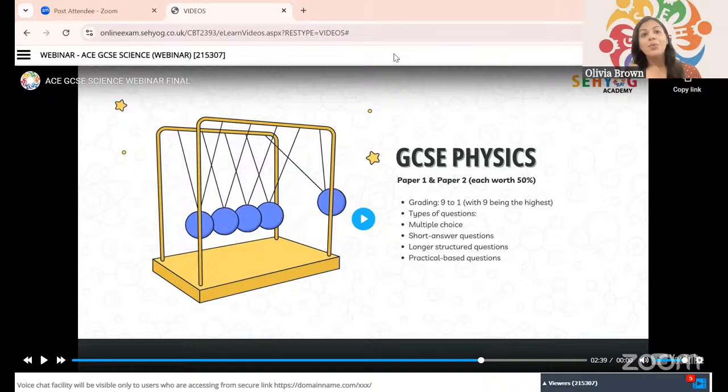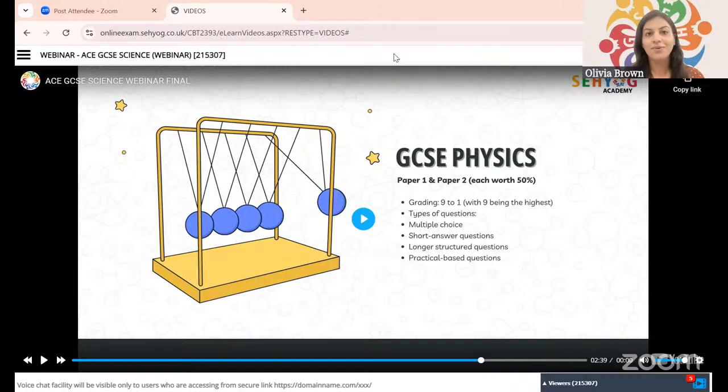The plus point is that we are also going to provide questions to students in such a way: multiple choice, short answer questions, long structured questions and practical based questions, so that students get prepared for their exams. They should have the knowledge, but also know where and how to implement it. That is something where we are also going to help the students.